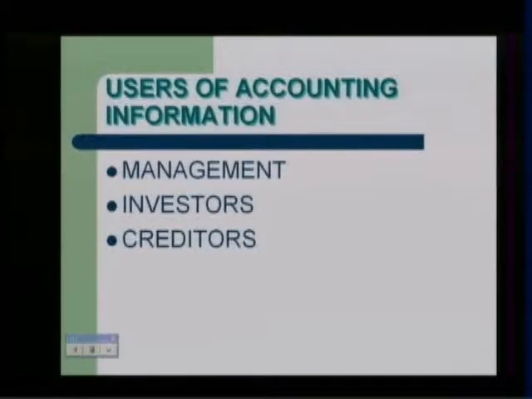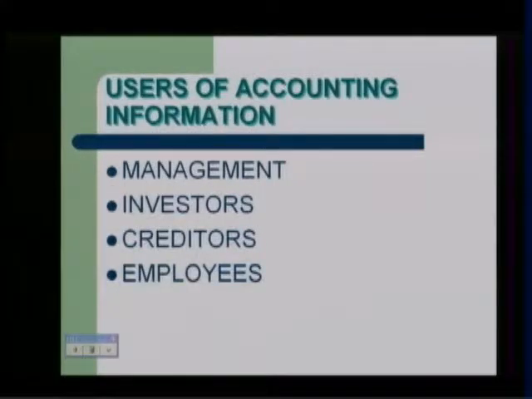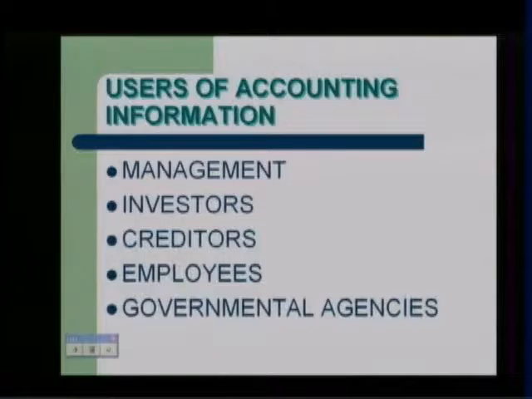In addition to the obvious people, management, investors, and creditors, you also have other individuals that are interested in accounting information. If you work for a firm, you would like to know a little bit more about how well your firm is performing. So employees are major users. Along with employees, you could also include unions, who often use financial information in their union contracts.